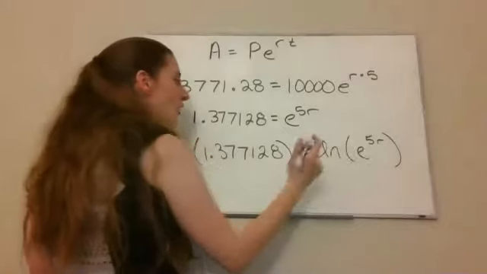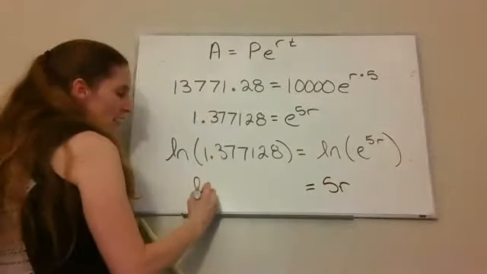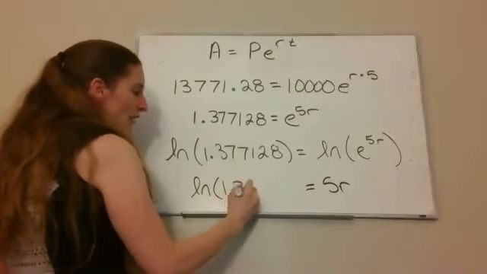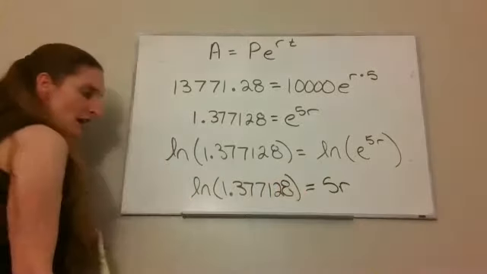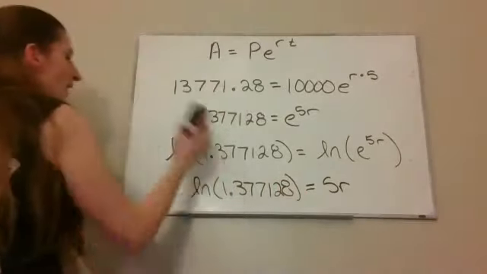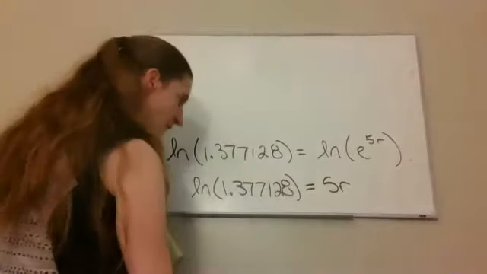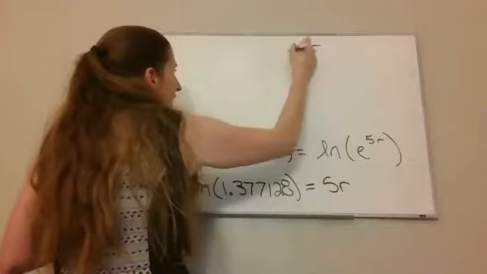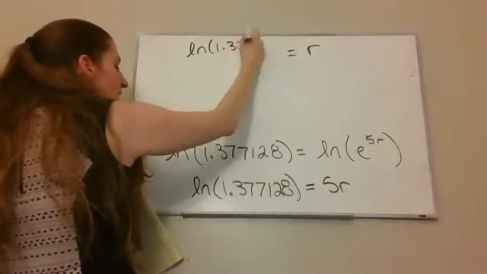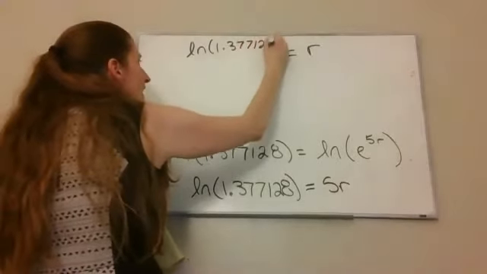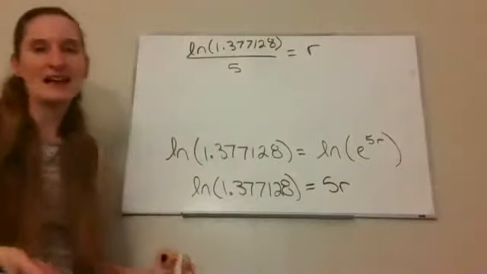So this natural log of e to the 5r is just 5r. And I still have natural log of 1.377128 on the left side. So to get my r, I just have to divide by 5. So my interest rate r is natural log of 1.377128 over 5. That's the exact answer.